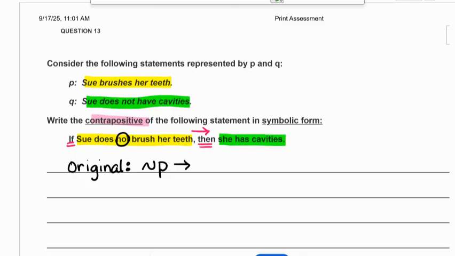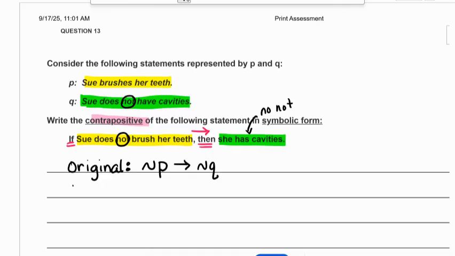Sue has cavities mostly matches up with Q, except it was negated because it originally had a not. And down here, they took it out. So the original statement says negated P, arrow, negated Q.